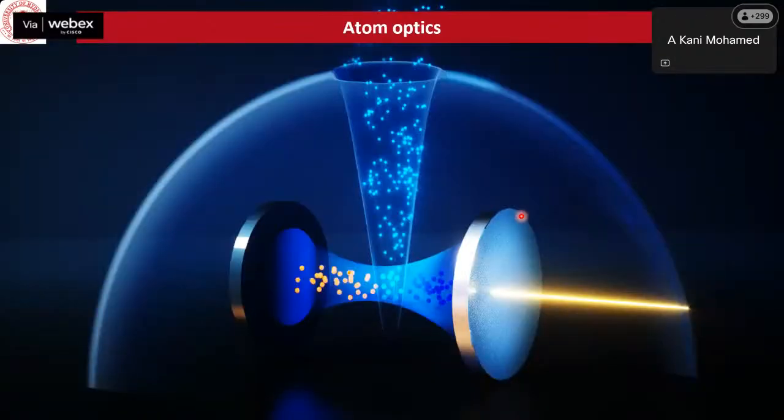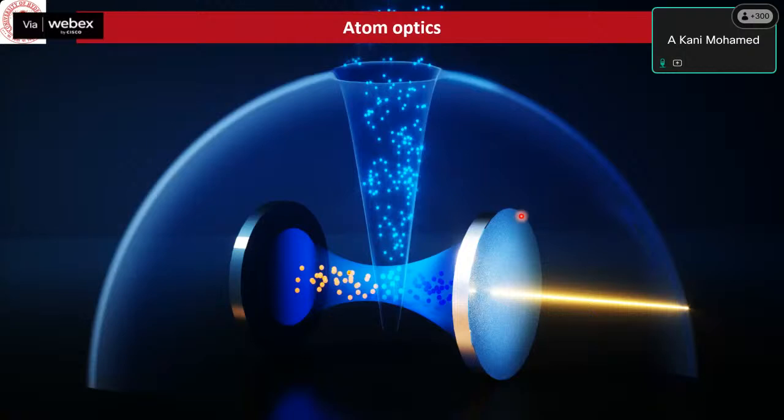Now I will talk about the atomic interferometric technique. This involves atom optics. In optical interferometry, we use laser light and its interference to measure a physical parameter.